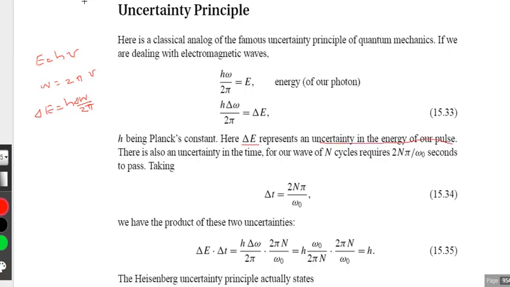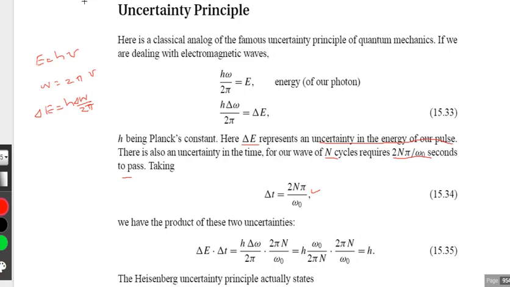And there is an uncertainty in the time also. For our wave of n cycles, it requires 2n pi by omega 0 seconds to pass. So the uncertainty in time delta t will be equal to 2n pi by omega 0.